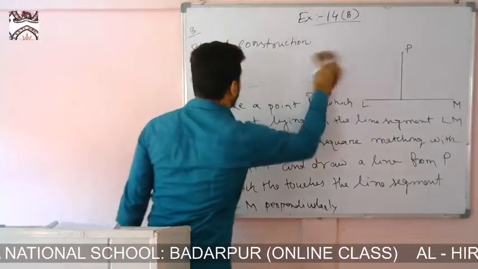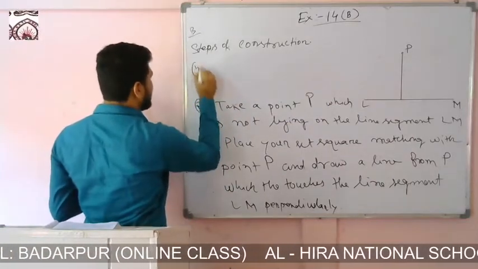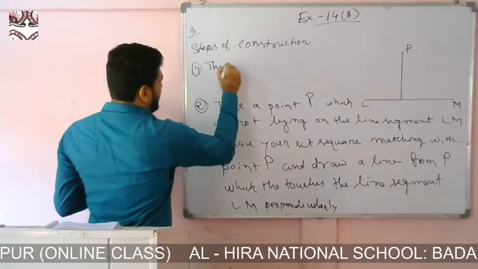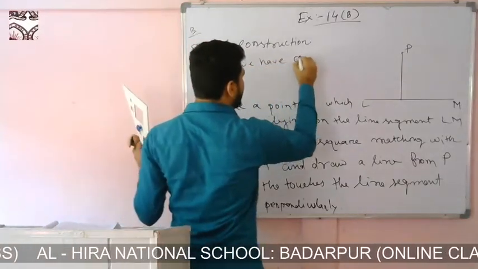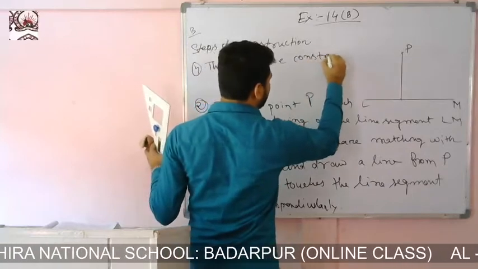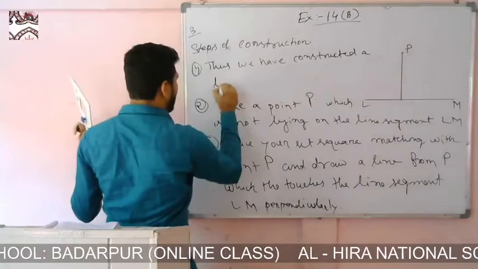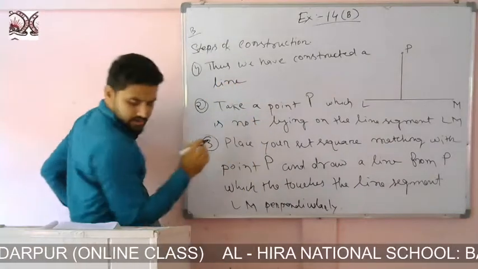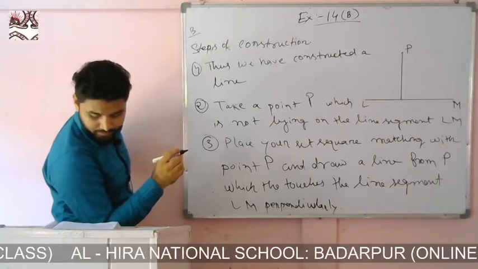So write 3, 4, right? Thus we have constructed a perpendicular from P to the line LM.